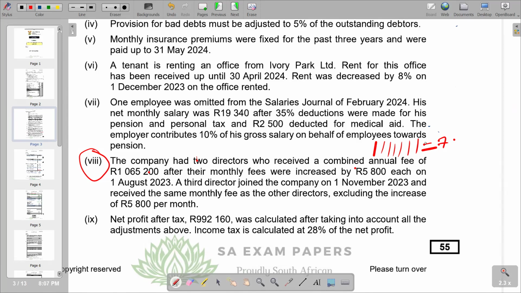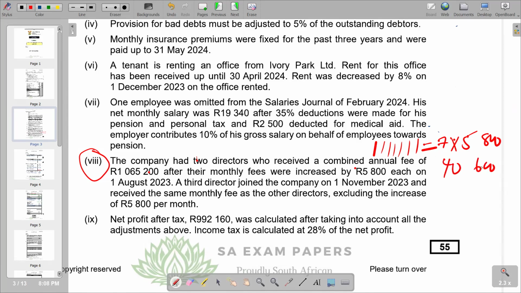So we are going to multiply 7 months times 5,800, to get the increase for one director. So we say 7 times 5,800.